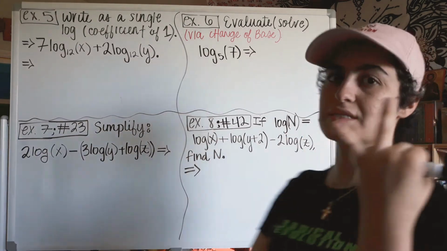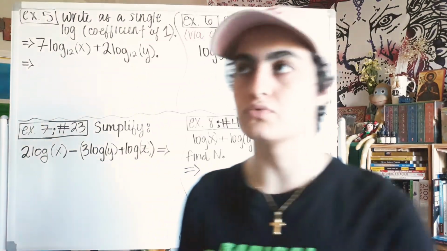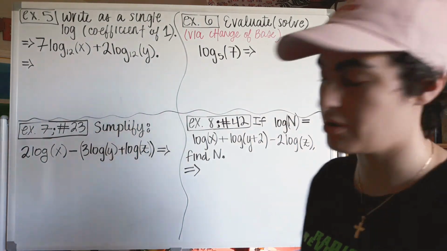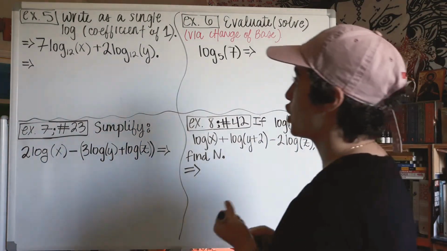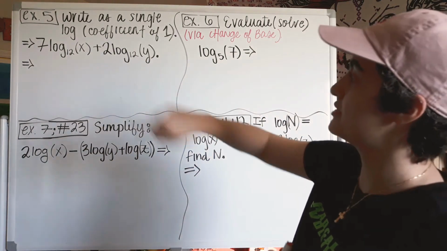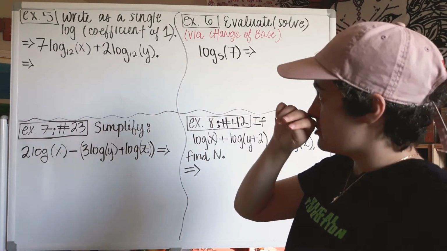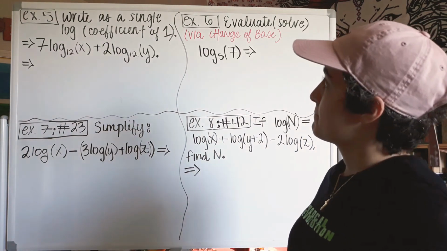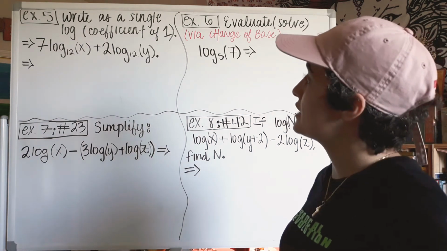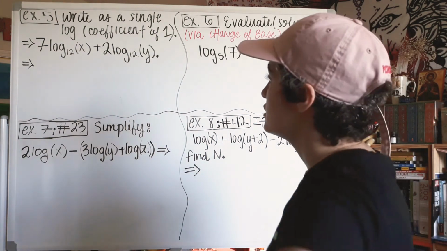It's also telling us not to apply law number 3, which, you know, is not a difficult law to skip or to do. So we're just going to go ahead and start. So 7 log base 12 parentheses x plus 2 log base 12 parentheses y. Oh no, actually it is telling us to apply the 3rd law. I'm sorry.